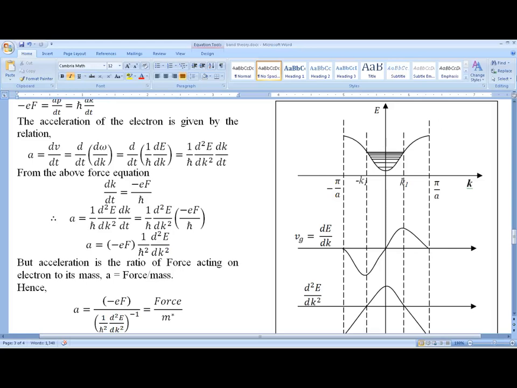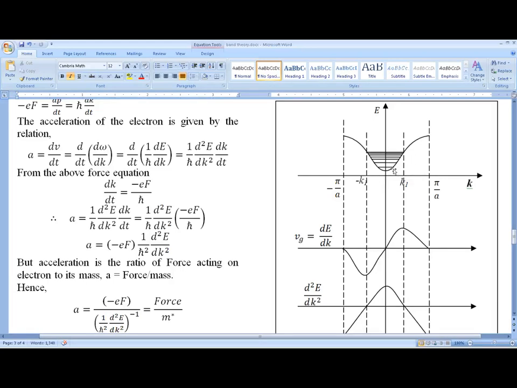Now, if the topmost filled electron is up to k1, then once again here the slope becomes maximum. So this is the slope maximum point, whereas the slope 0 point is this, and slope 0 point is this. If you have a solid which doesn't have any electrons in the outermost shell, that becomes an insulator. Or if you have a solid which has electrons filled up to the topmost, here I have filled only half, and if I could have filled up to this point, then that case gives you the topmost filled electrons with dE by dk also 0.